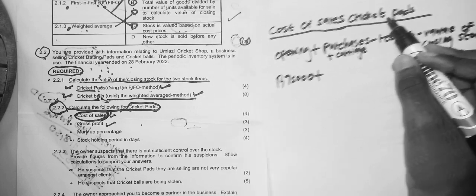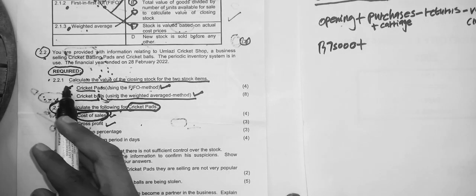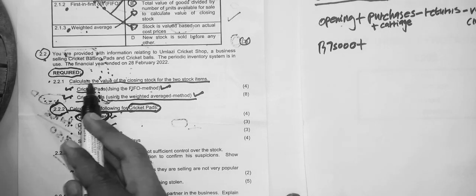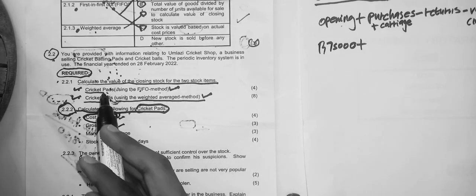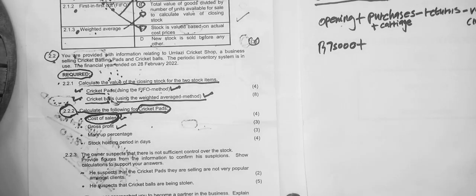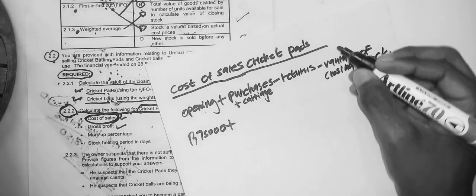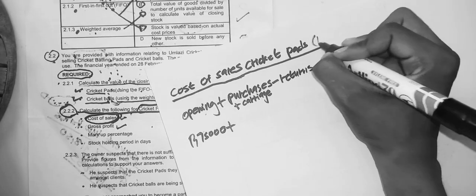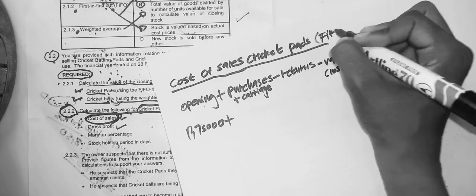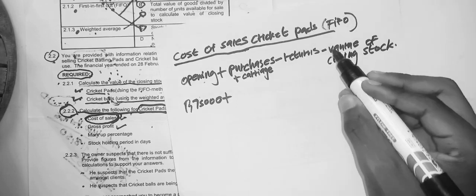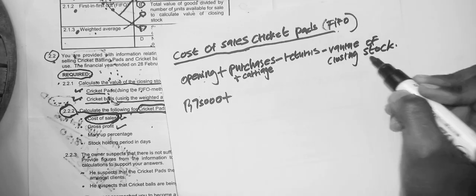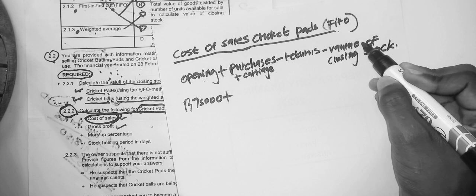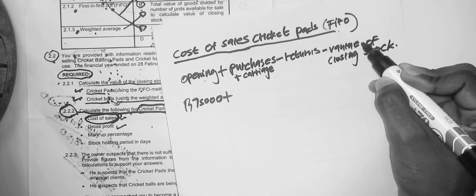So let's check. Cricket pets on 2.2.1 they said calculate the value of closing stock using the FIFO method. So which means the cost of sales will be based on the value of closing stock for cricket pets using a FIFO method. Which means the value of closing stock that we're going to include here is the one that we got using a FIFO method.